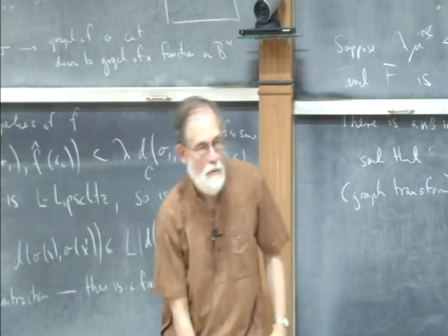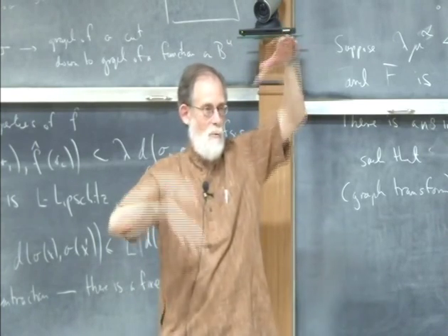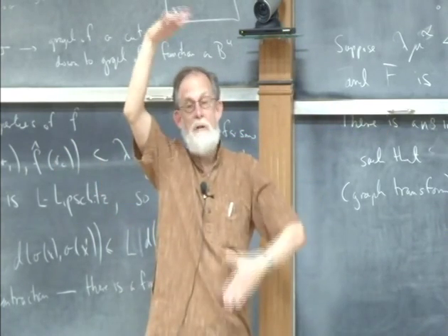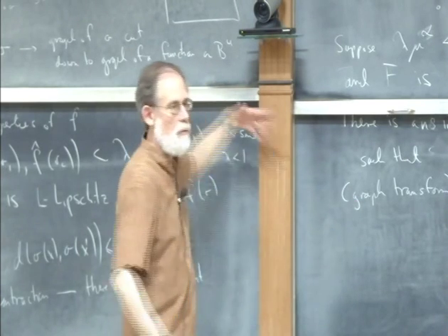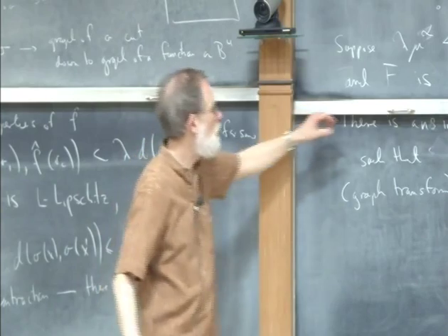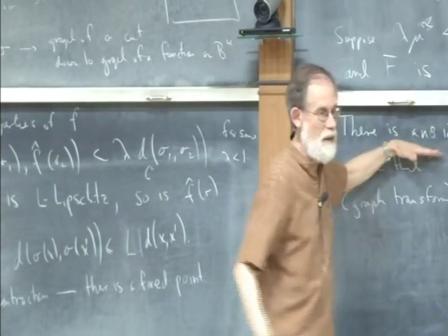So some enormous neighbourhood of the zero section will map inside of itself, and then you can apply the graph transform ideas and show that there is an invariant section.